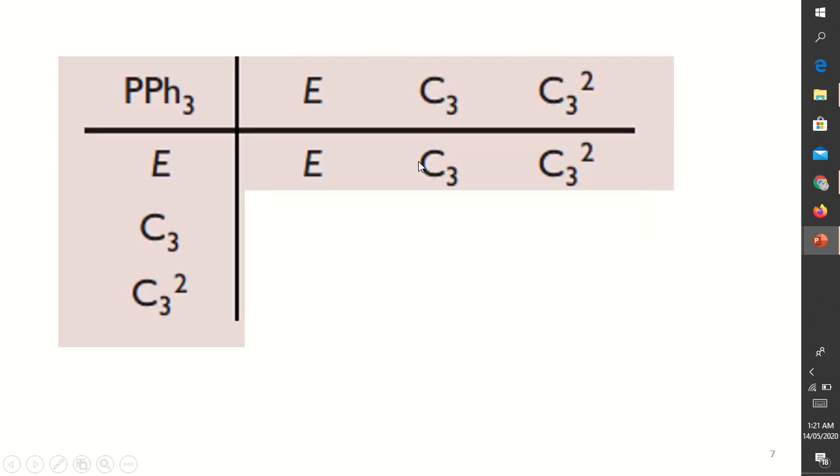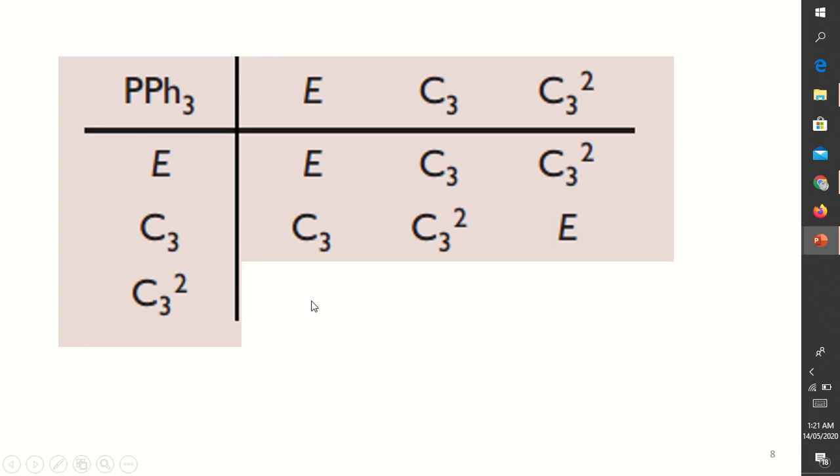So we can write here C3, and here we need to write C3 twice, because when C3 twice is multiplied with identity, the result would be C3 twice, and the result would be identity E when we apply C3 twice with C3. Identity was over there, and the result C3 was obtained when we applied C3 twice with C3 twice.